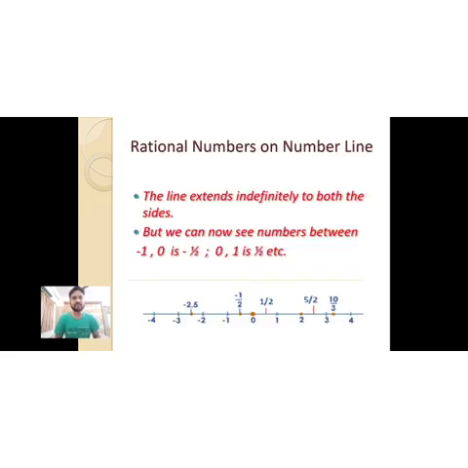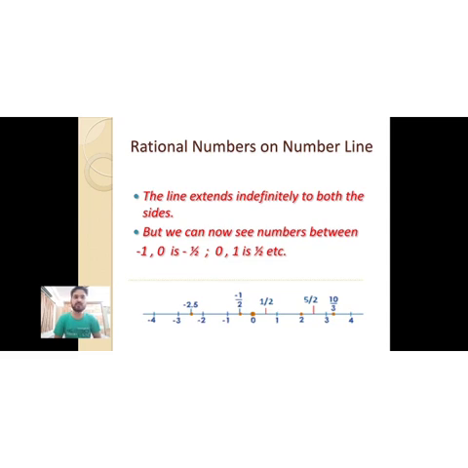Now the rational number on a number line. The line extends indefinitely to both sides. In the number line, the center value is 0, the right hand side values are positive and the left hand side values are negative.